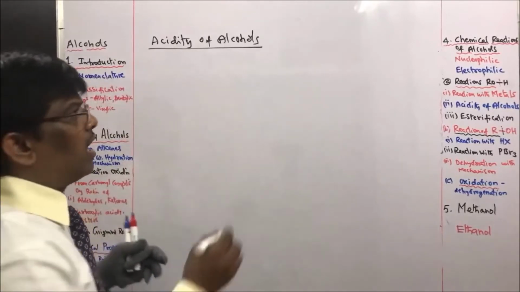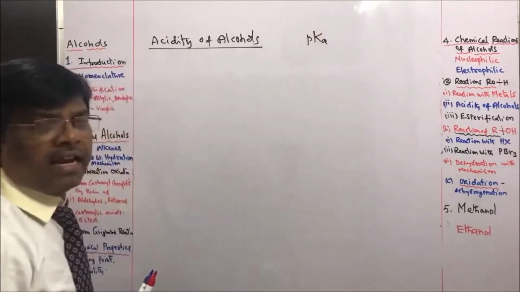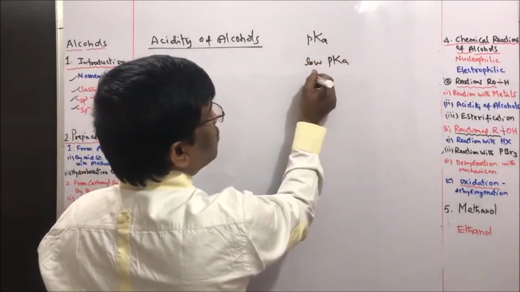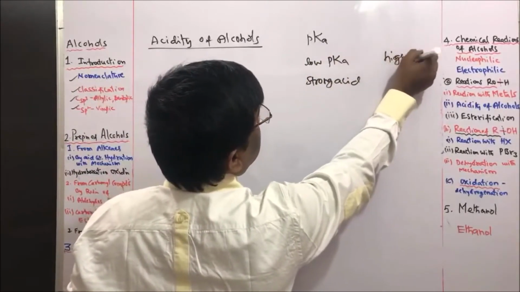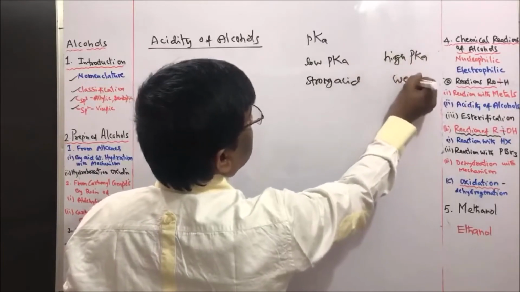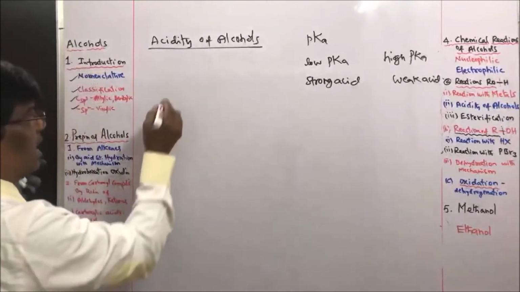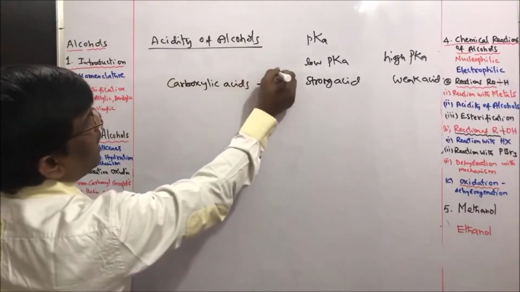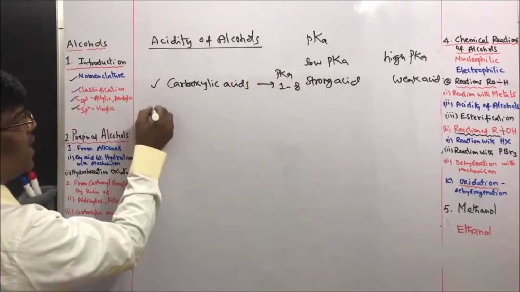Acidity of alcohols. Acidity is usually described in pKa, right? The lower the pKa, the stronger the acid. High pKa value means weak acid. The concept of pKa I have explained earlier. So the overall acidity order of organic compounds: carboxylic acids have pKa around 1 to 8, followed by phenols.